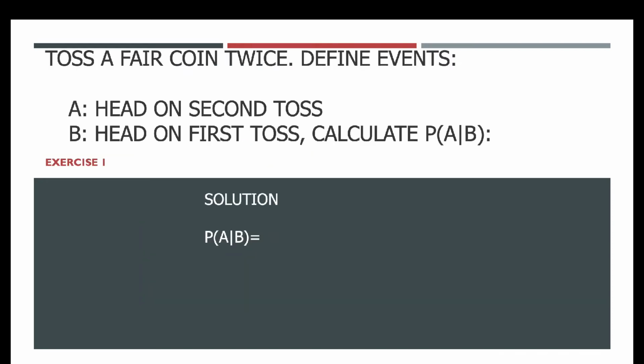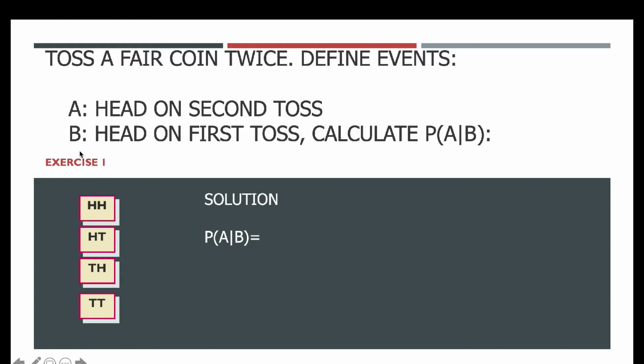Okay, I have a question here. Let's say you toss a fair coin twice. Let's define the events: head on the second toss. This is the tree that you usually have to draw. Because there are marks for this, don't ever forget to draw a sketch, but make sure it's correct.